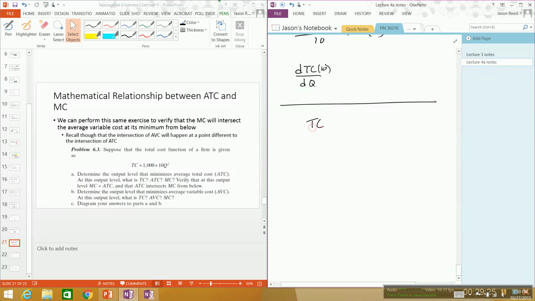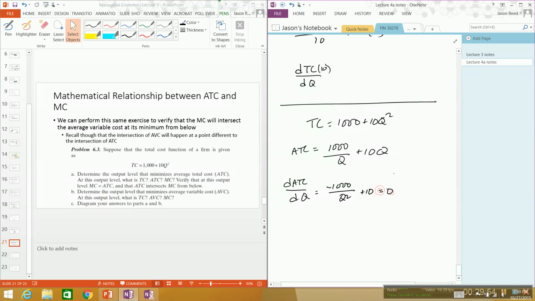So we can start with total cost is equal to 1,000 plus 10Q squared. So average total cost is going to equal 1,000 over Q plus 10Q. So we want to look at what output level minimizes average total cost. So let's do the first derivative with respect to Q. So we get negative 1,000 over Q squared plus 10.